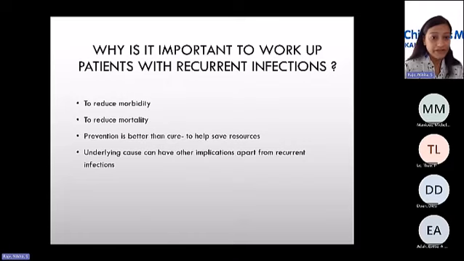Also, prevention is better than cure. If you prevent infections because we know the underlying cause, we can save some resources utilized for hospital stays and complications that these patients face. And the underlying cause itself can have some implications apart from the recurrent infections. So we really want to know that.